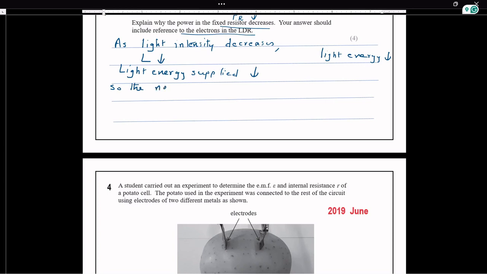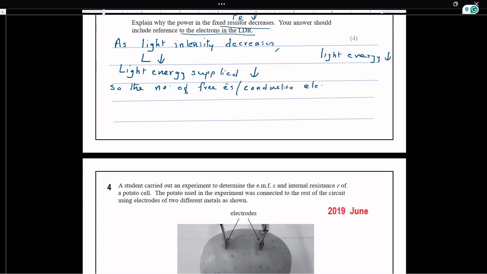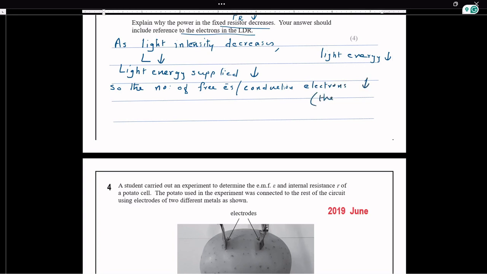So the number of free electrons, or we can say the conduction electrons, available decreases. Sorry, this is not thermionic emission; this is emission by light energy.